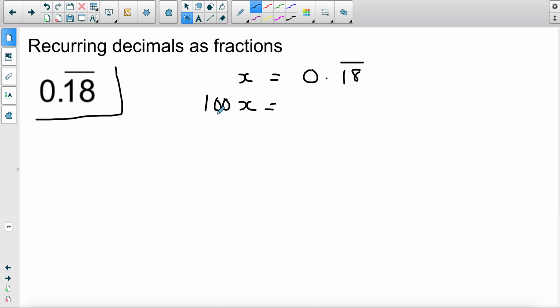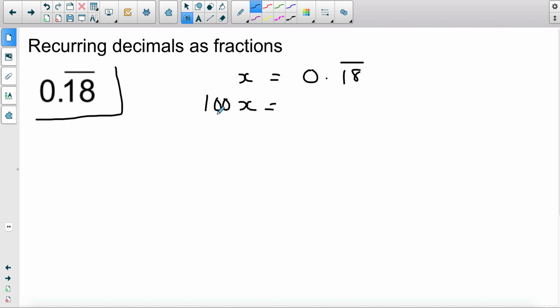So this whole recurring decimal, which goes on forever, can be represented by x, but we also found another representation for it, which is 18 over 99, which is equal to 2 over 11. So this recurring decimal can be written as a fraction. And this method can be used for any recurring decimal. So this is a quick proof that you can write recurring decimals as fractions, and therefore they are rational numbers.